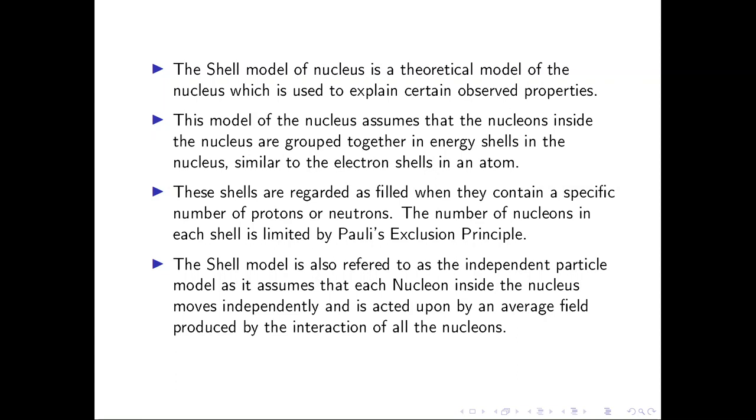This interaction gives rise to a field, and under the influence of that field, the nucleons move about the center of mass of the nucleon system. So it's like by the nucleons, for the nucleons. What I mean is that the nucleons interact among themselves, giving rise to the field, and under the influence of that field itself, the nucleons move.